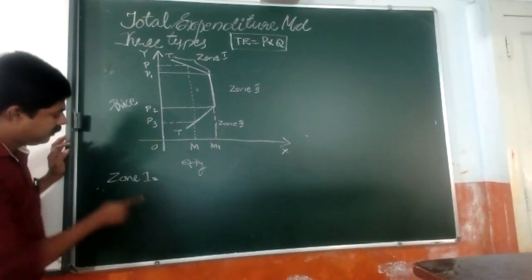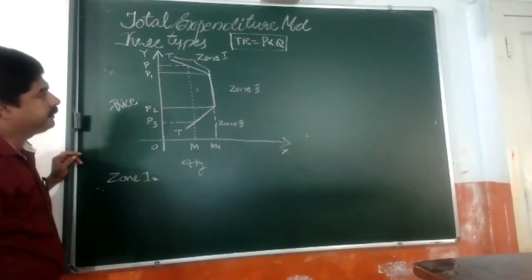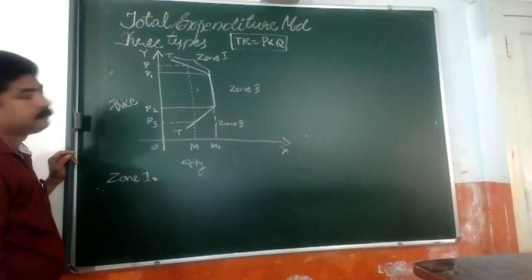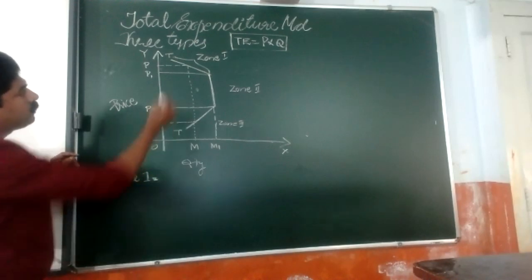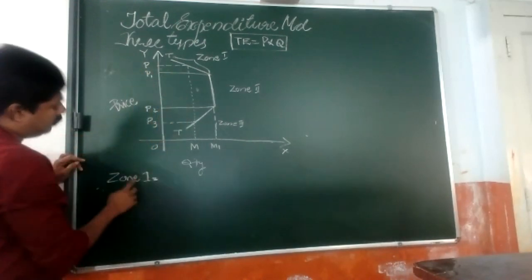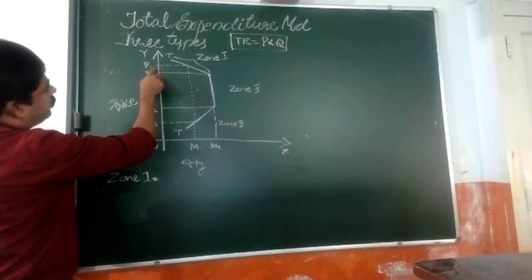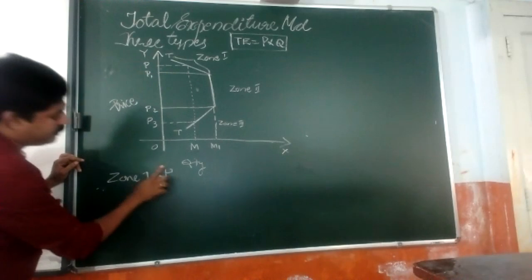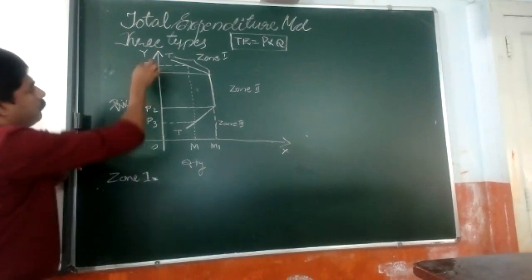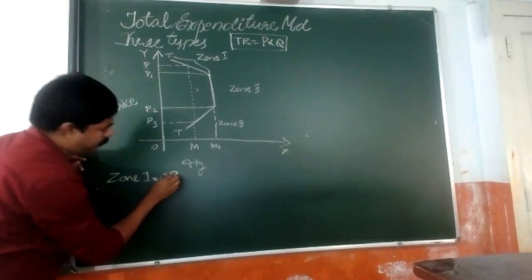What is the price of zone 1? Price P1 and P. No, zone 1, P1 and P. So at the first level we are taking P. Okay, the price is not simple P, we will write OP as the level of price.